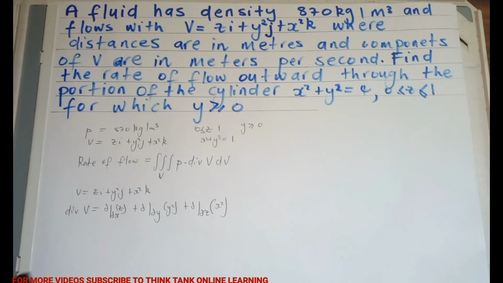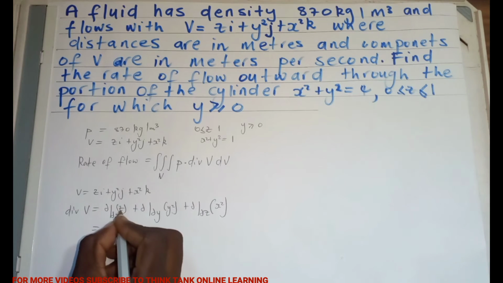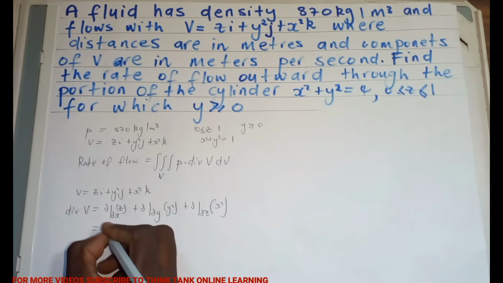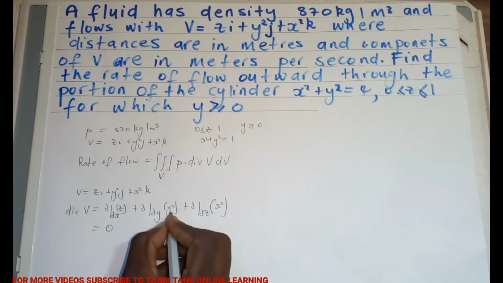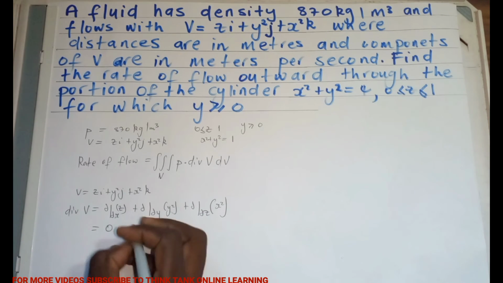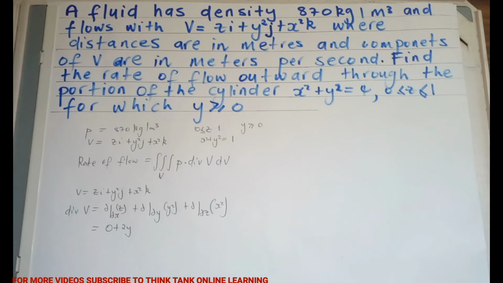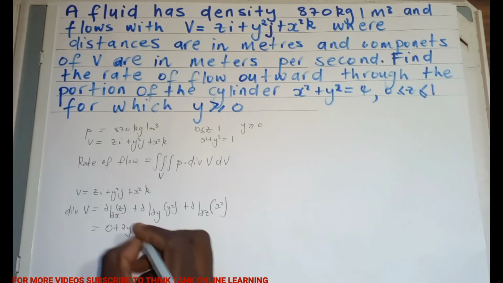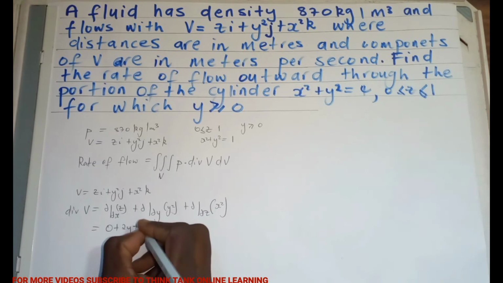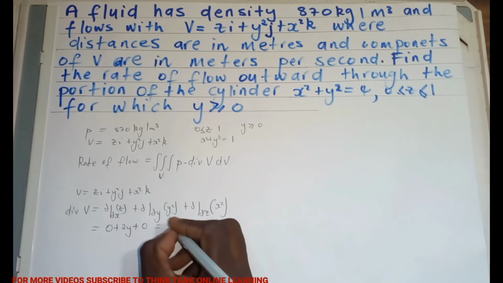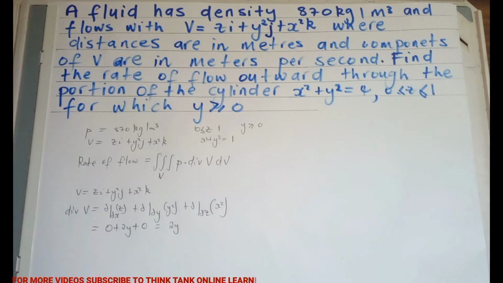Differentiating c with respect to x gives 0, differentiating y squared gives 2y, and differentiating x squared with respect to z gives 0. By the way, divergence has no unit. So the divergence is 2y.